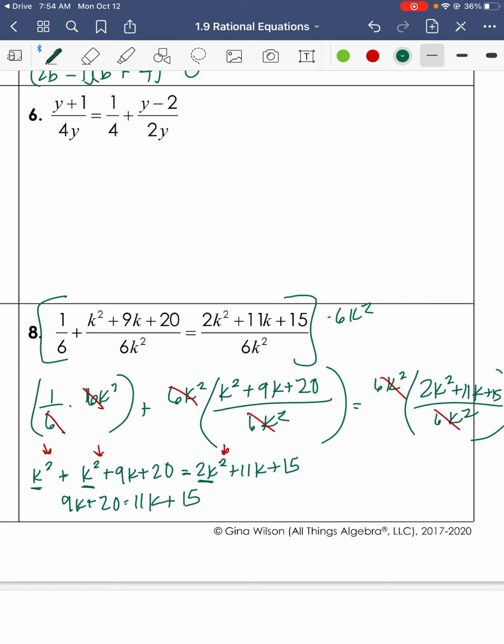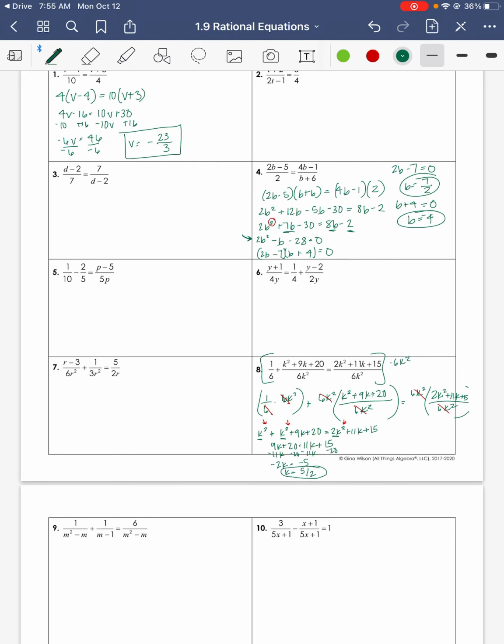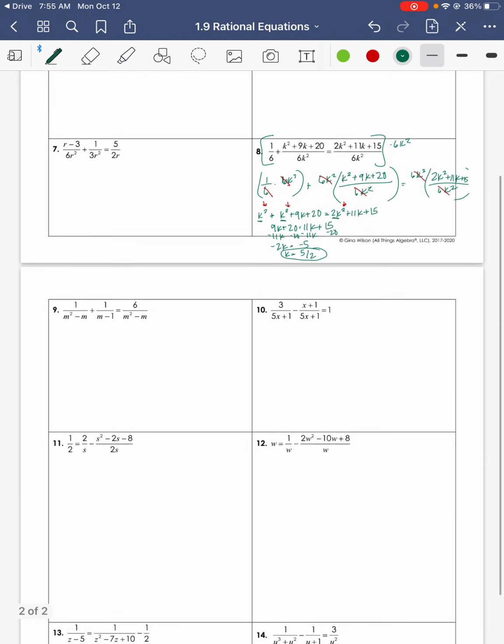So let's get the k's on one side, and then we'll subtract 20. So we have negative 2k is equal to 15 minus 20, which is negative 5, so k is equal to 5 halves. We lucked out there, got a linear equation. Pretty simple. So there's an example of using the least common denominator.